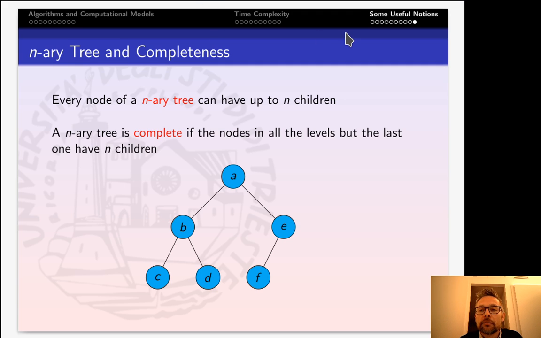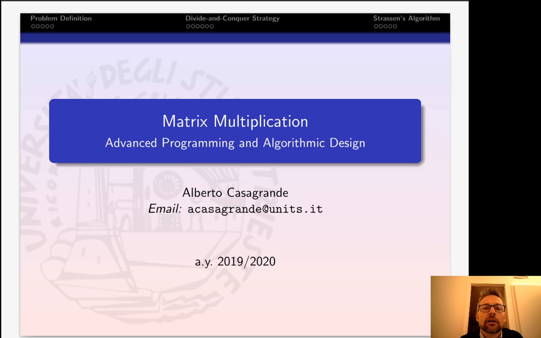If you need more examples, I can try to draw something. Otherwise I will move on. Well, in the meanwhile, let me see whether I can. Okay, I can move to the next slides. Okay, this is it. It's clear enough.